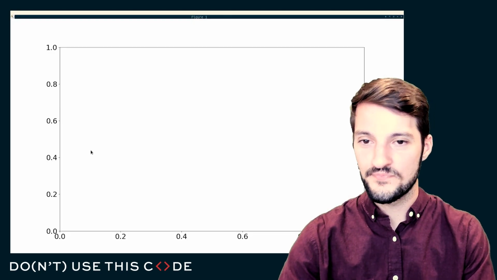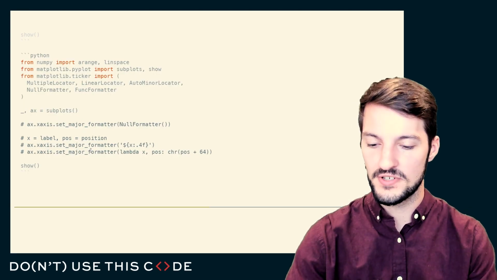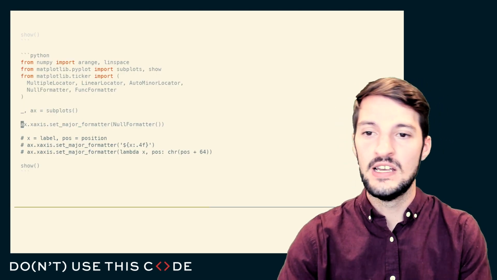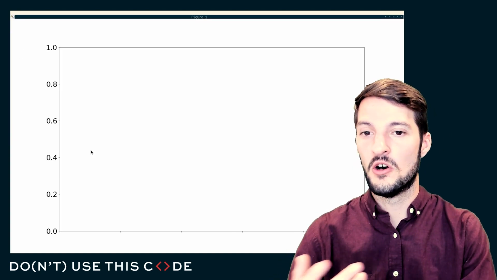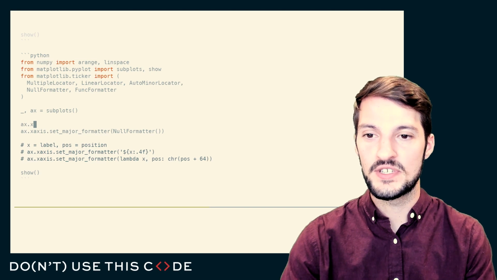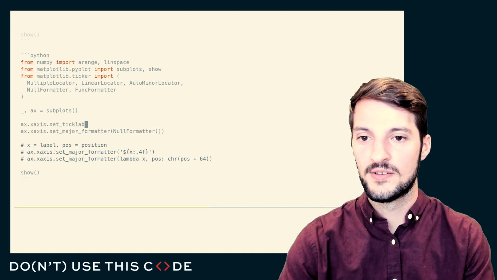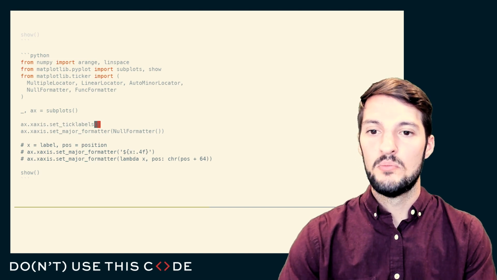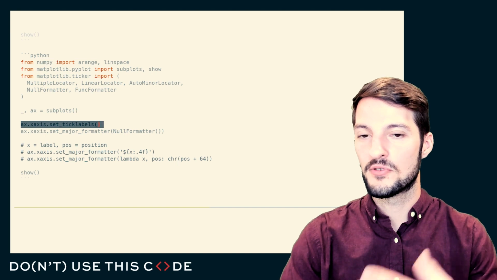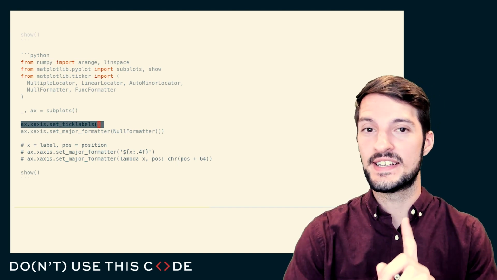What Matplotlib gives you is the ability to change the labels associated with our ticks based on some string, based on some function, or even we can use a null formatter to simply remove them all. Yes, we can tap into this stuff using ax.xaxis.set_ticklabels, but this doesn't perform any operations based on the ticks themselves or the existing labels.